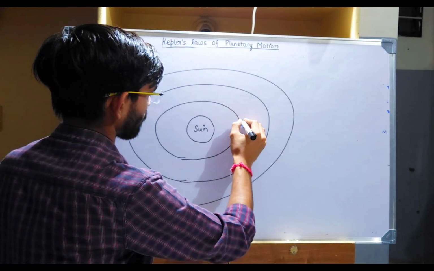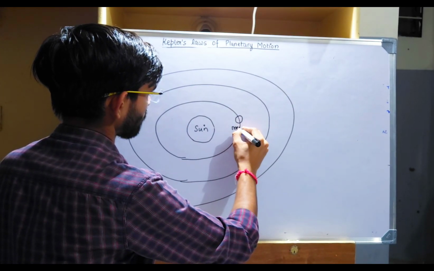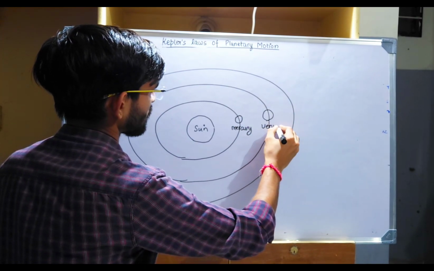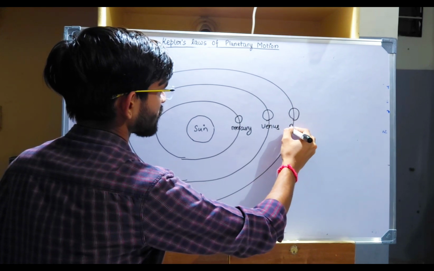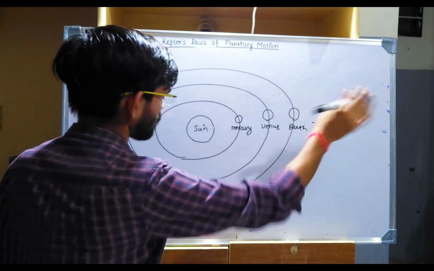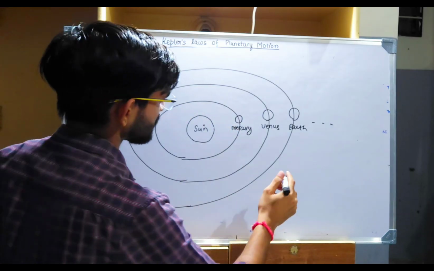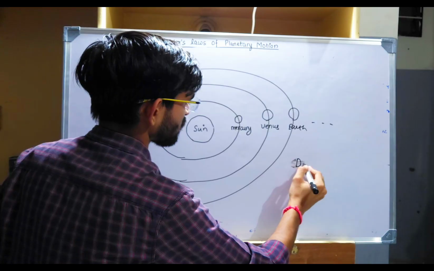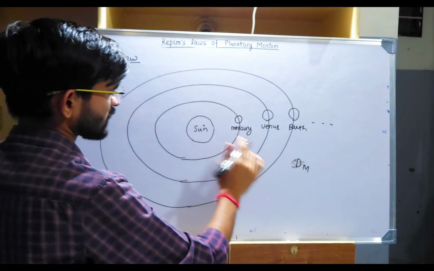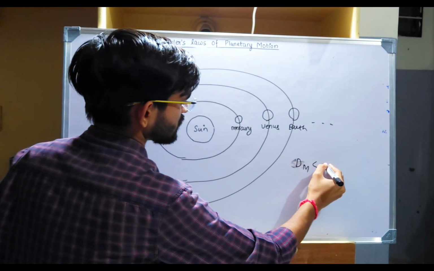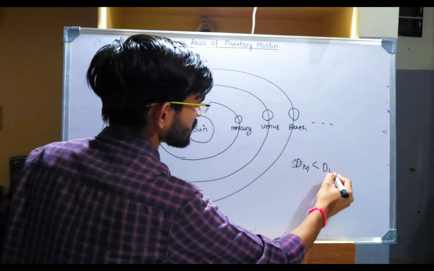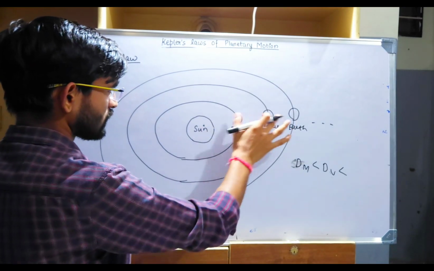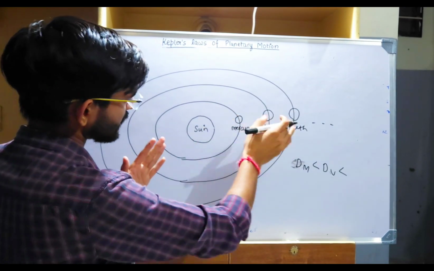This is Mercury, this is Venus, and this is Earth, and further on. The average distance between Sun and Mercury will be less than the average distance between Sun and Venus, and in these three planets, the average distance between Sun and Earth will be greatest.